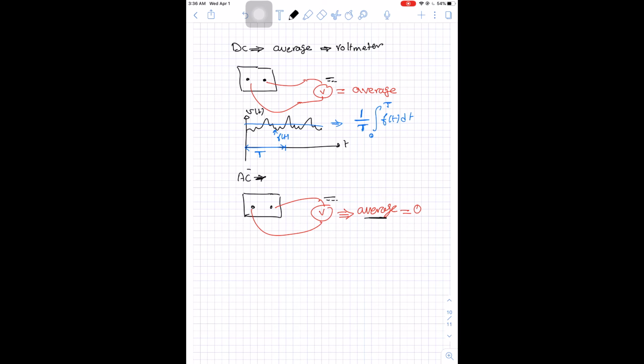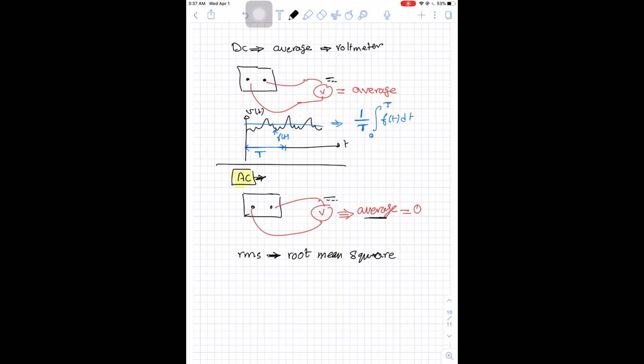So for AC, instead of using the average, we define a new value called RMS. Any AC value is defined by the RMS, not the average. RMS is an abbreviation for the term root mean square.